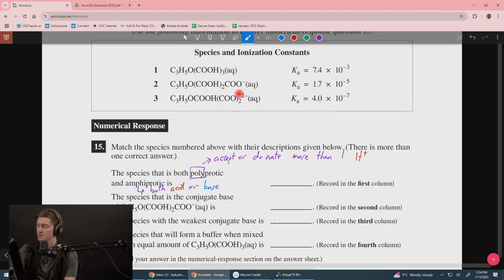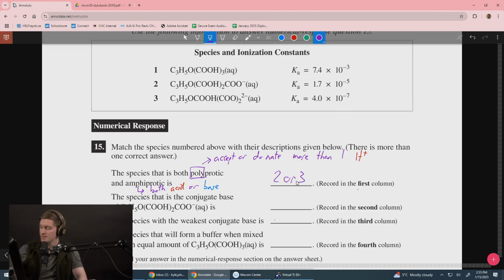Both of these substances, 3 is polyprotic because it can accept 2 protons. 2 is polyprotic because it can donate 2 protons. 1 is polyprotic because it can donate 3 protons, but it's not amphiprotic because it cannot accept any protons. It doesn't act as a base. So 2 or 3 can fit in this first blank.